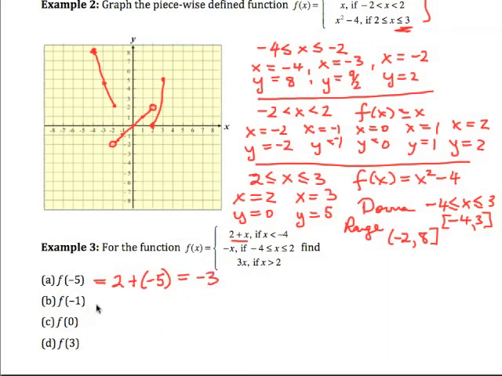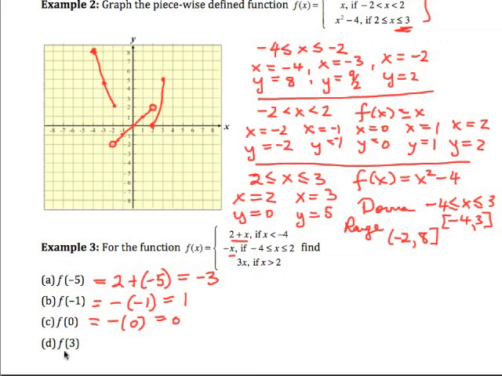All right, next one, -1. Well, -1 falls in between -4 and 2, so it's this one here. So this will be the negative of -1, which of course will be 1. 0 also falls between -4 and 2, so this will also be the negative of 0, which of course is still 0.